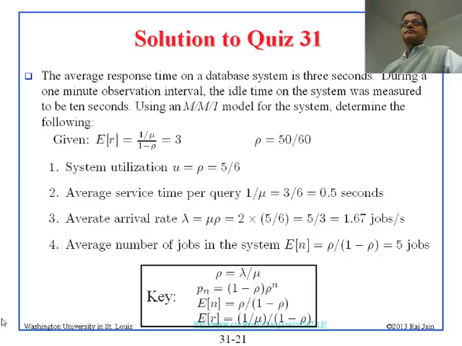Mu comes out to 5/6. Once you know mu and rho, you can calculate lambda. That comes out 5/3. And once you know lambda and mu and rho and everything, you can calculate En, which is what we needed, rho upon 1 minus rho, 5 jobs. Any question about this?